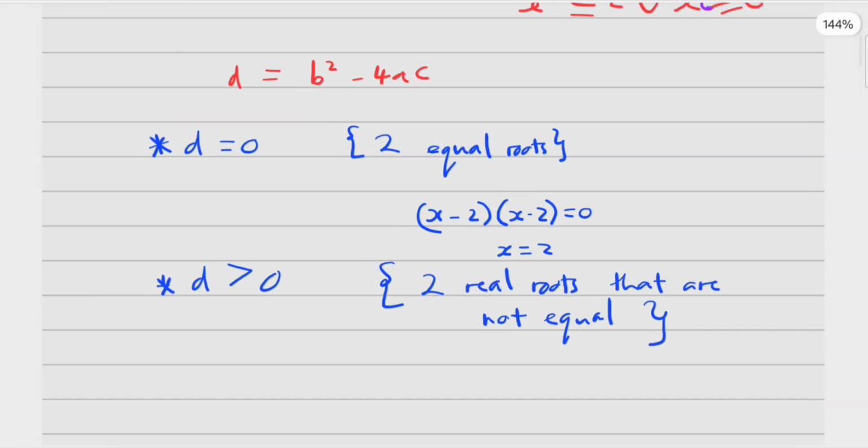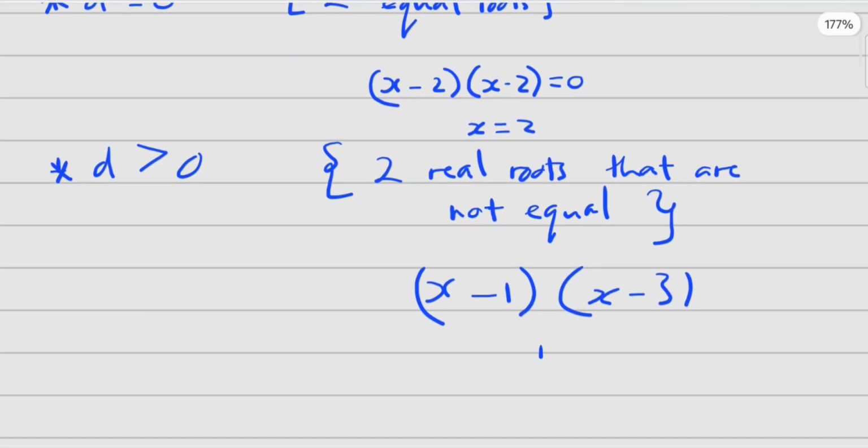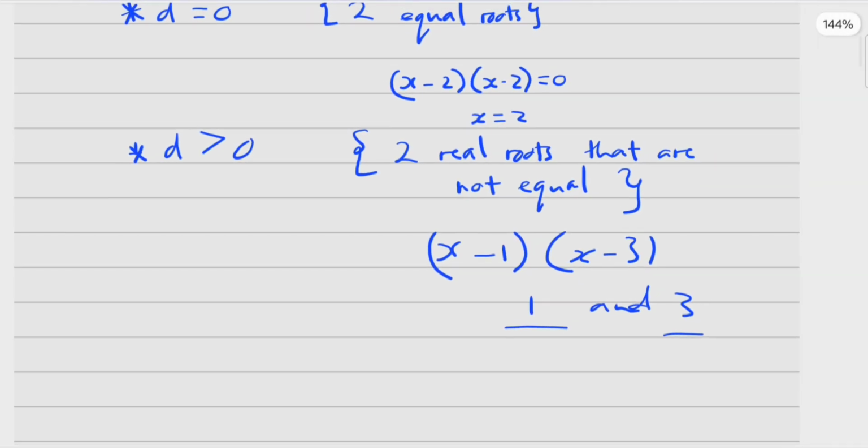We have two real roots that are not equal, right? For example, x minus 1, x minus 3. We have 1 and 3. We have two real roots that are not equal when the discriminant is greater than 0, right?